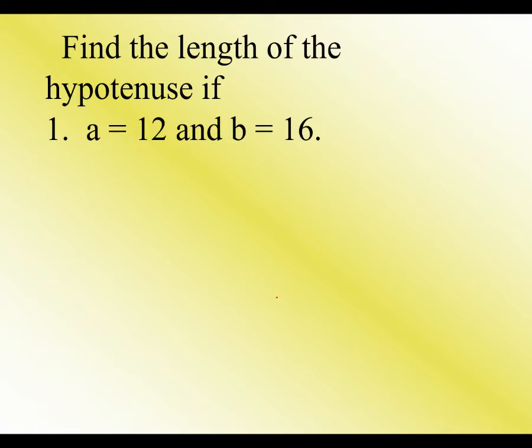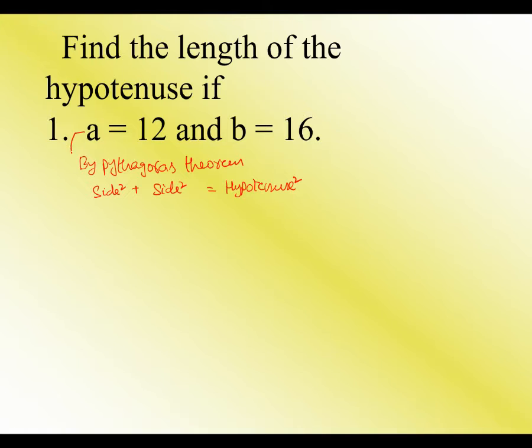Next, a simple example is given here. Find the length of the hypotenuse if a equals 12 and b equals 16. By the Pythagoras theorem, we take side square plus side square equals hypotenuse square.